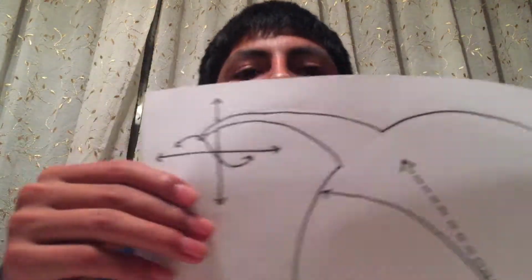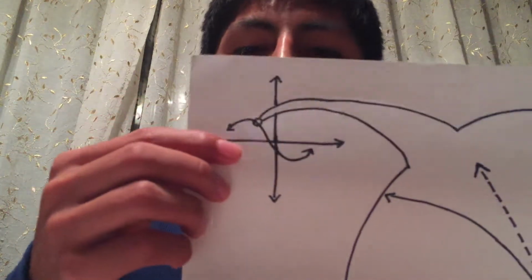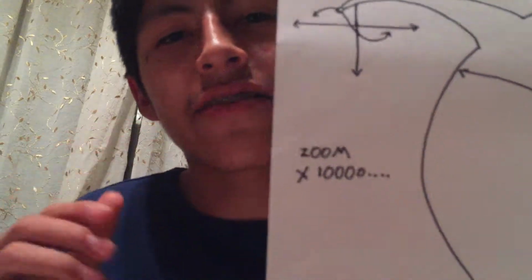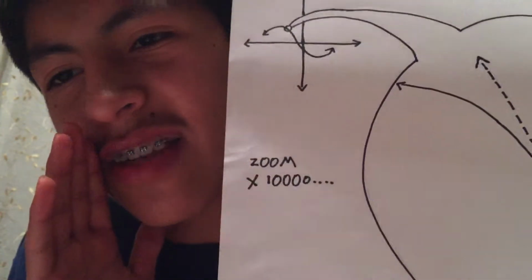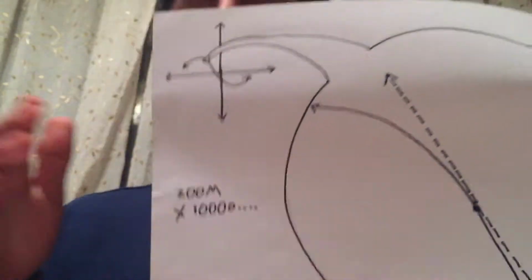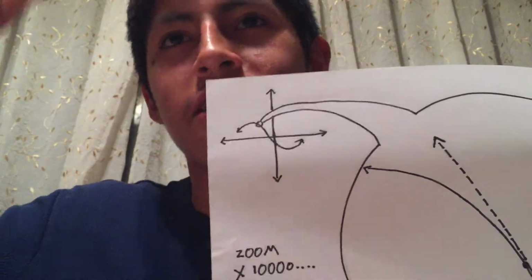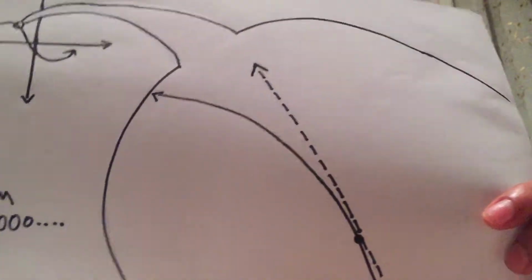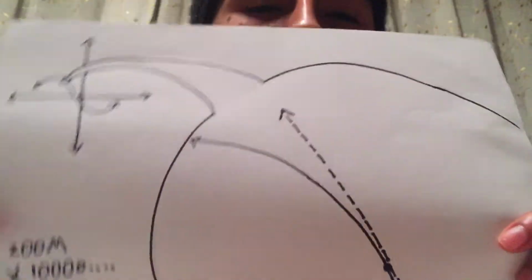So we're gonna zoom in into that previous line. And if you notice here, I zoomed in by 10,000. It's probably not 10,000, but I just like 10,000 because it has a lot of zeros. It's probably somewhere in big numbers, but I don't know how much zoom this is, so I just want to say 10,000.